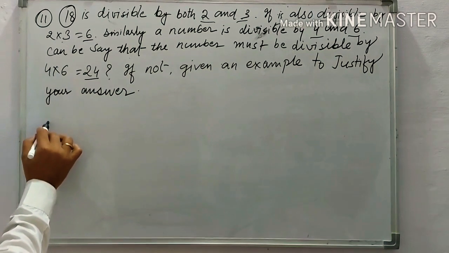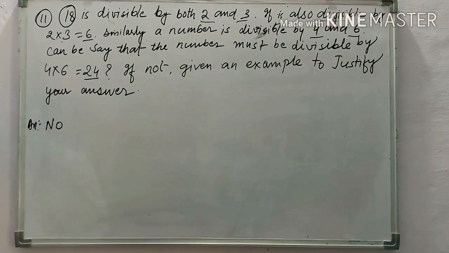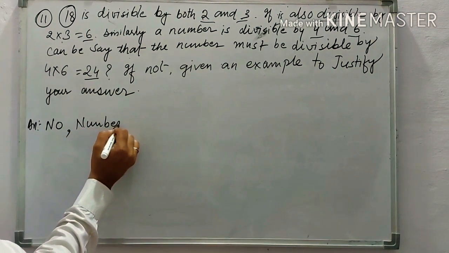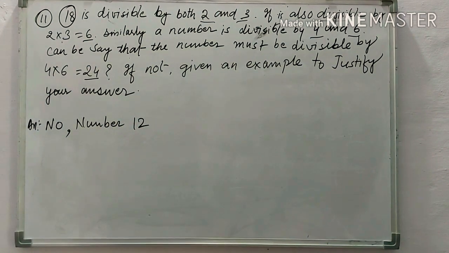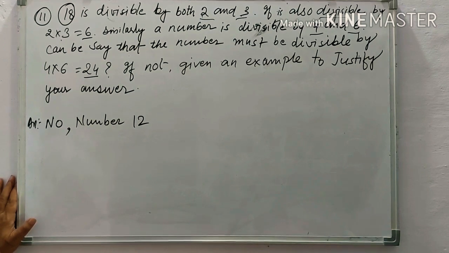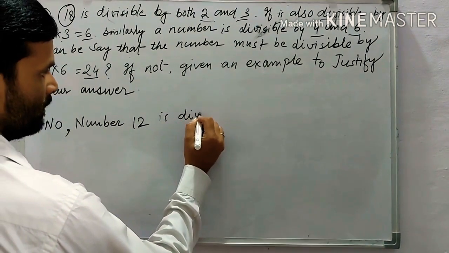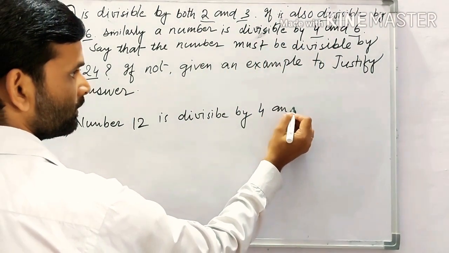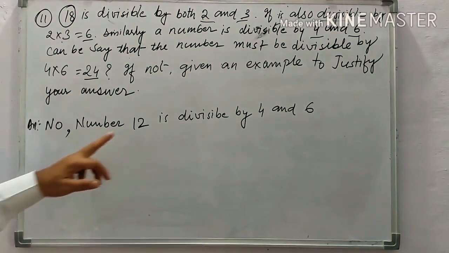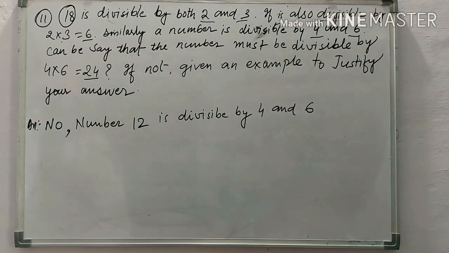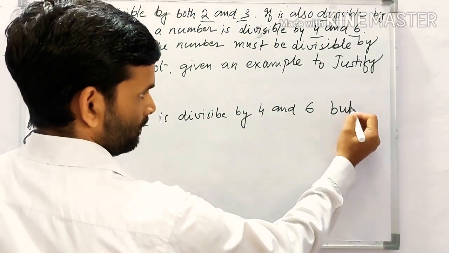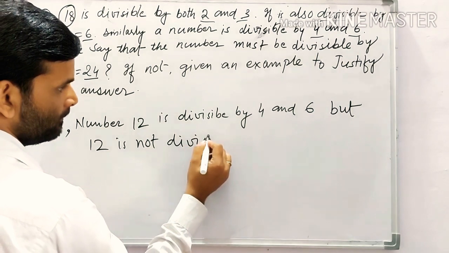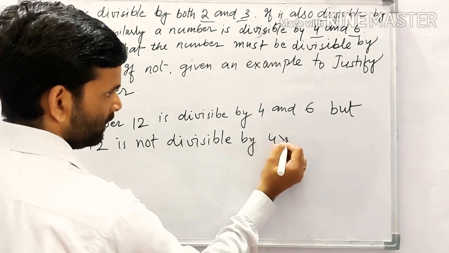The answer is no. The number is 12. The number 12 is divisible by 4 and 6, but 12 is not divisible by 4 into 6, which is 24.